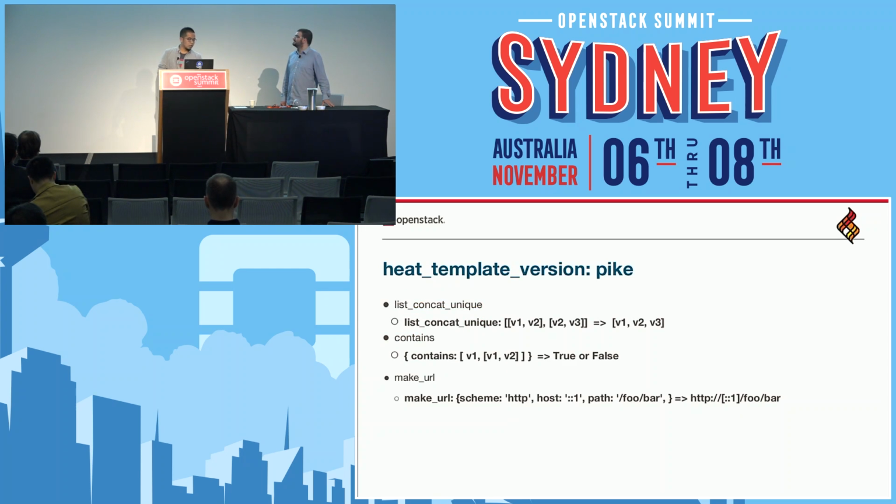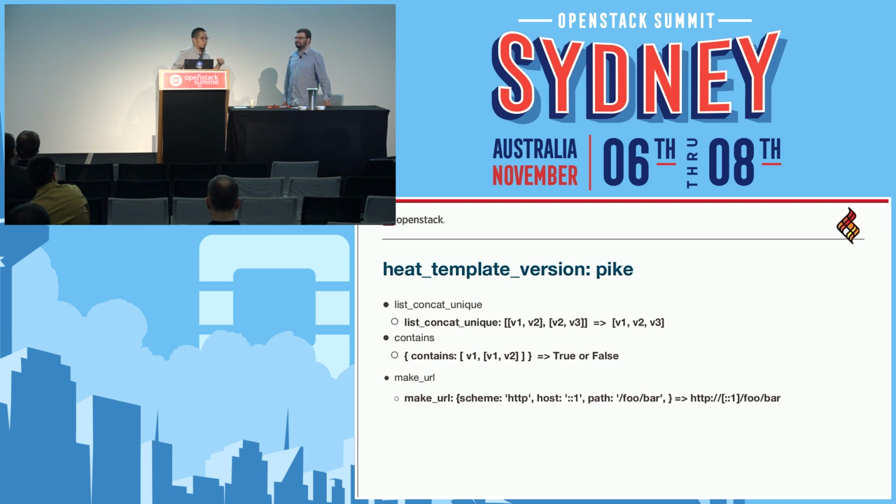And of course, right now you have a new template version, Pike, and a lot of people don't know. We release new template versions every cycle, and for Pike, Ocata, and these few recent cycles, you can just write down Pike or Ocata, and you don't have to remember the specific date that we released the template.